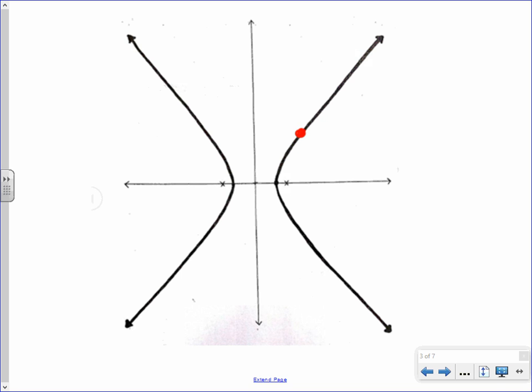What I want you to do is I want you to measure the distance to each foci, and I want you to calculate the difference. So make two measurements, write them down, and then subtract the two numbers.